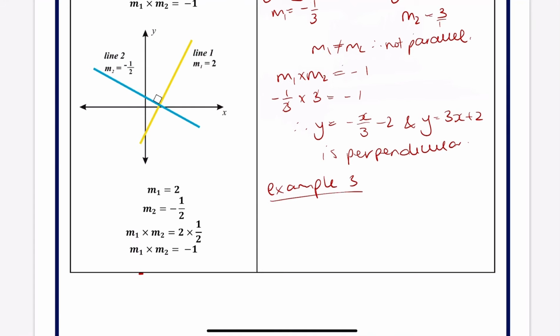Let's do 4x plus 2y equals 10, and 4x minus 2y equals 10.